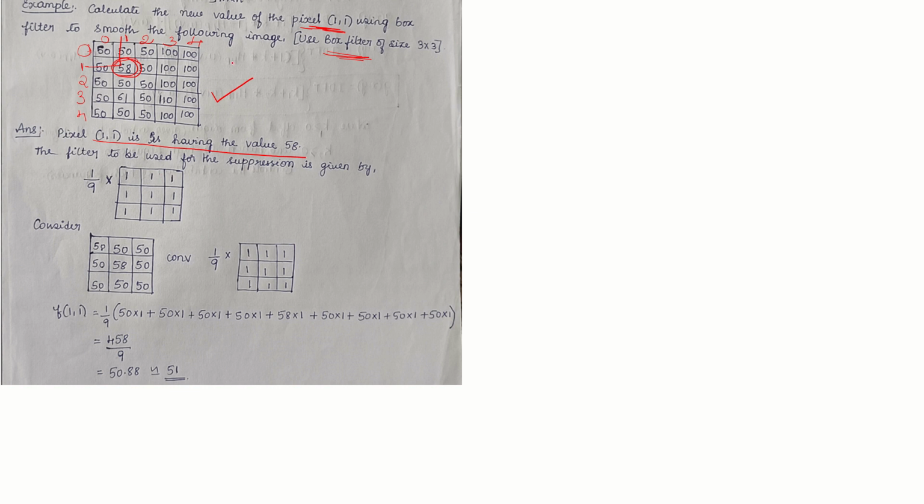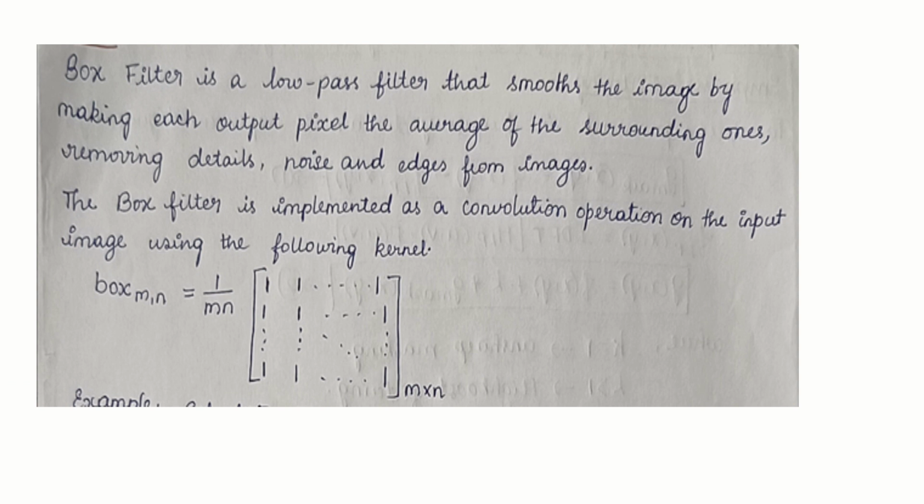Now they have mentioned the box filter of size 3 cross 3. So how can we consider that? The filter to be used for this operation is 3 cross 3. The filter elements are always 1, as you have seen: the elements are 1 1 1.